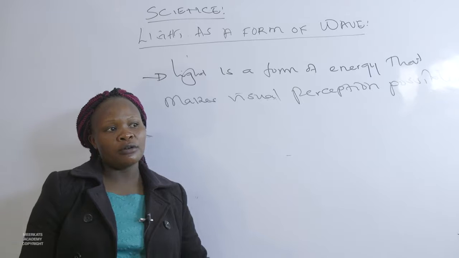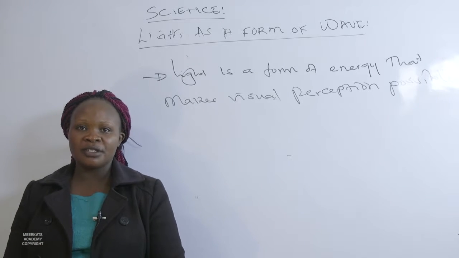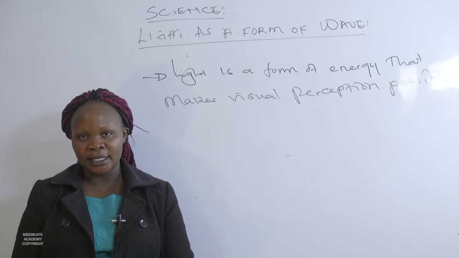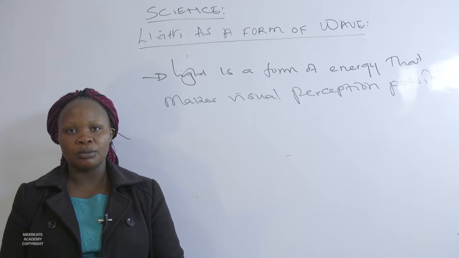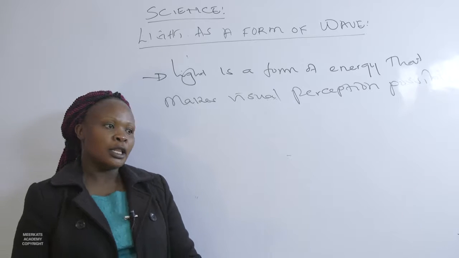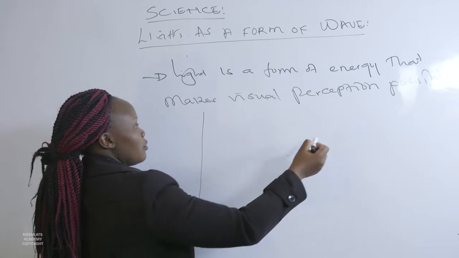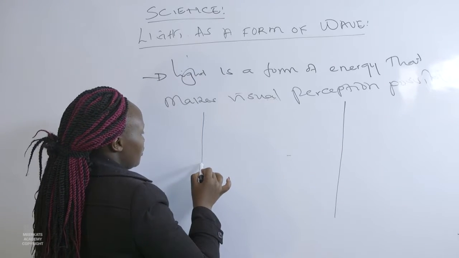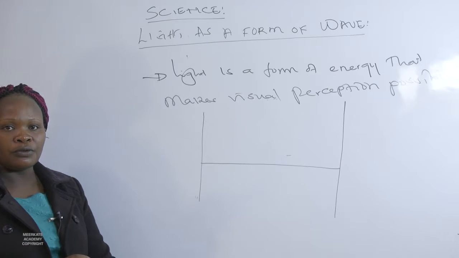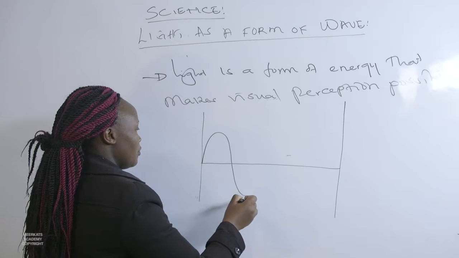Imagine a situation where you would be requested to observe something where you have not been provided with light. That is completely impossible, because for you to observe something, this form of energy should come from a source and travel to your eye in form of a disturbance, because it in itself is a wave.